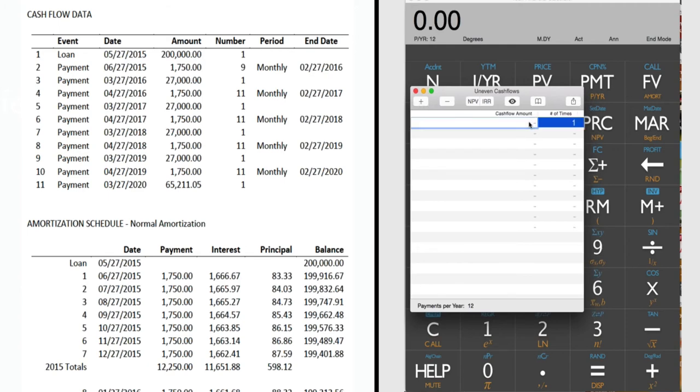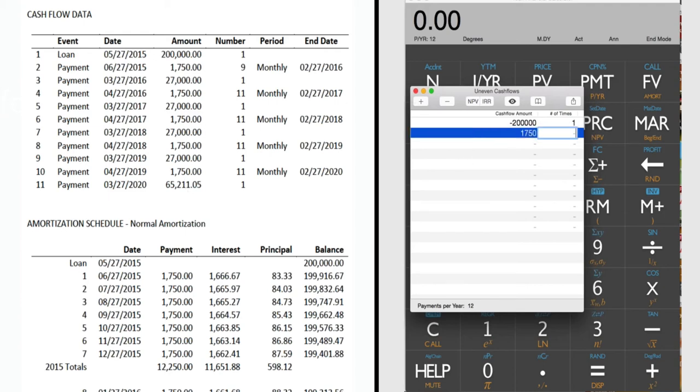Okay, so the first one, the cash flow, the way they have it is the first one is the money that we're paying out. So it's going to be a negative number. So we're paying out $200,000 one time. The rest of them will be positive because this is money out of our pocket, and these are all money in the investor's pocket.